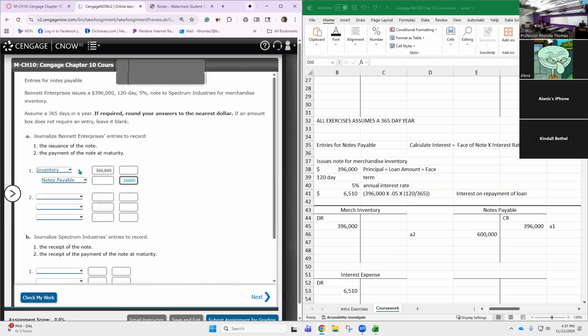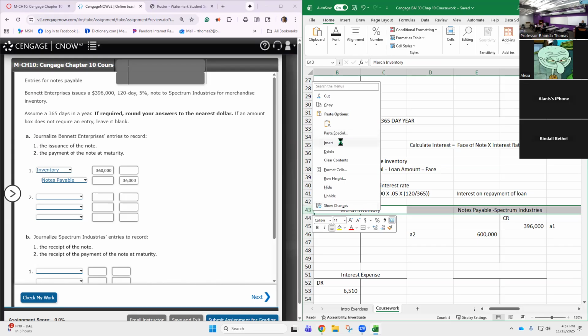So now the next question is, by the way, on this note payable, I'm going to put Spectrum Industries, so we remember who we took this note out with.